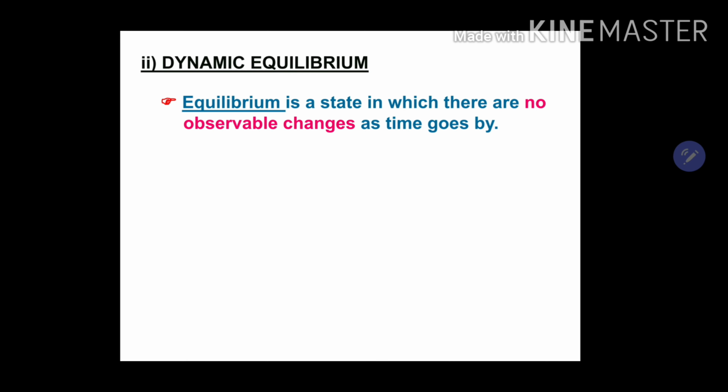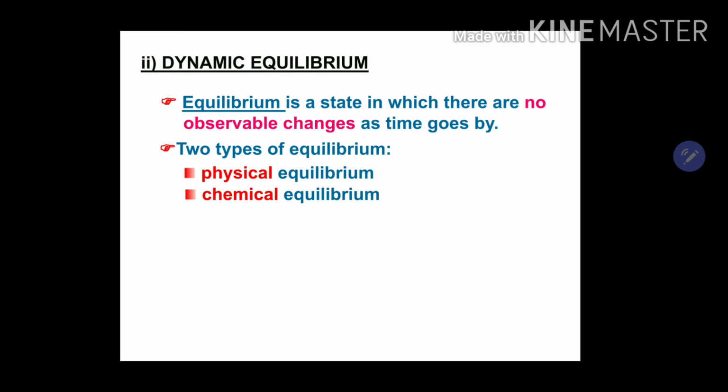The second term is dynamic equilibrium. Equilibrium is a state in which there are no observable changes as time goes by. We have two types of equilibrium. The first one is physical equilibrium and the second one is chemical equilibrium. So what is dynamic equilibrium?